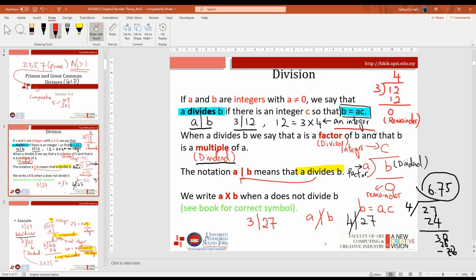This is an integer, and we have a remainder of 0 because 12 divided by 3 gives 4.